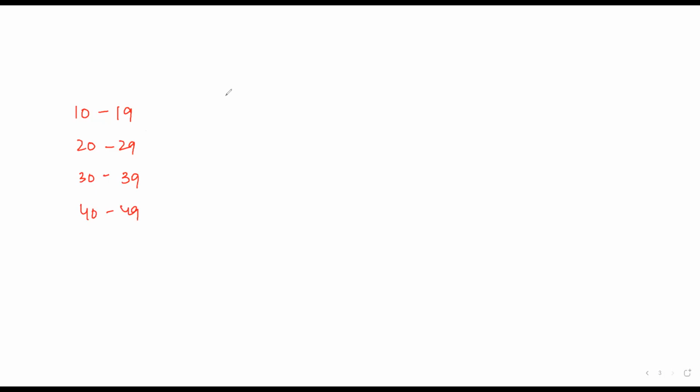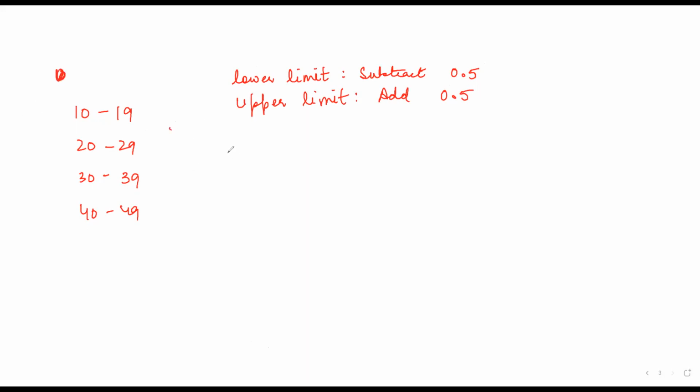Now, how to make it continuous? There's a convention: from the lower limit we subtract 0.5, and to the upper limit we add 0.5. So if I subtract 0.5 from 10, it becomes 9.5, and from the upper limit 19, adding 0.5 gives 19.5.